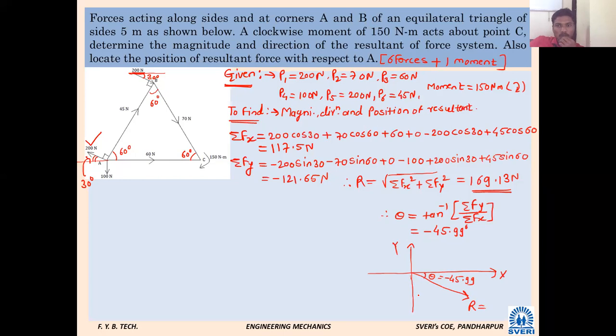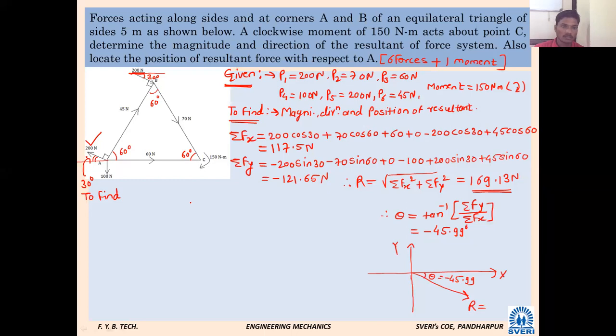Up to this, are you with me? We can understand, a little lengthy problem is there, so we have to go with this. Okay, next one now. To find the moment, at what point are we supposed to find it?